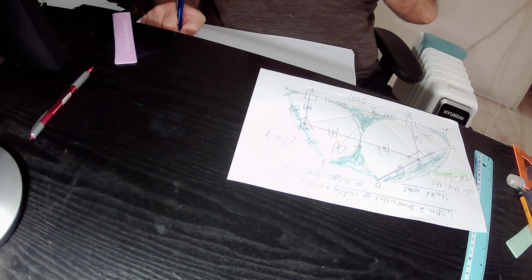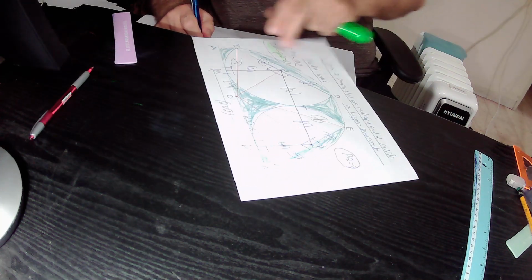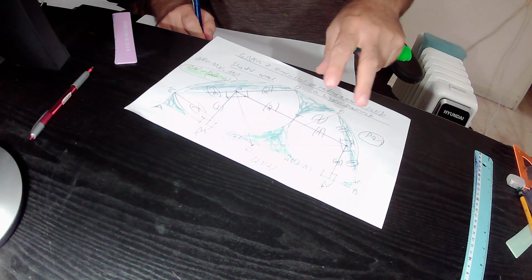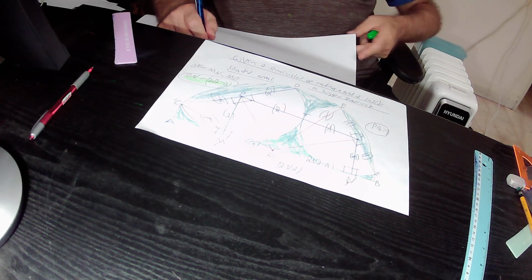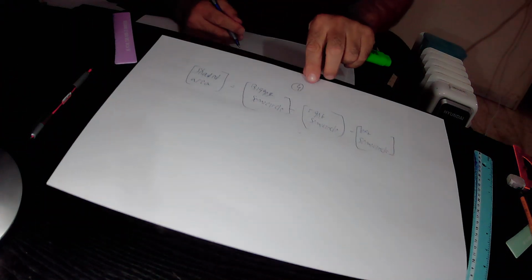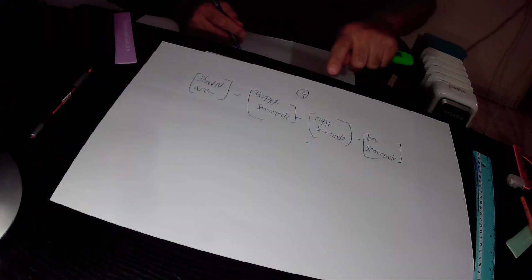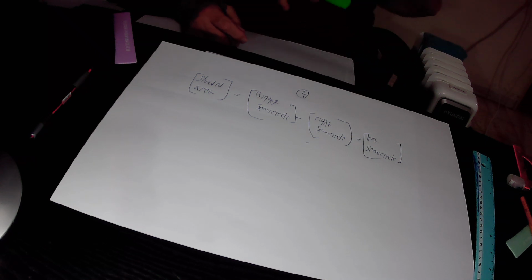Repeat again. The area that we are looking for in this question, that is the value of the shaded area, in total is equal to the area of the biggest semicircle minus the area of the right semicircle minus the area of the left semicircle.